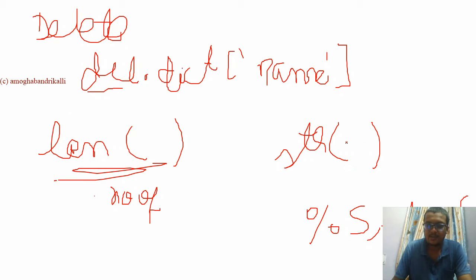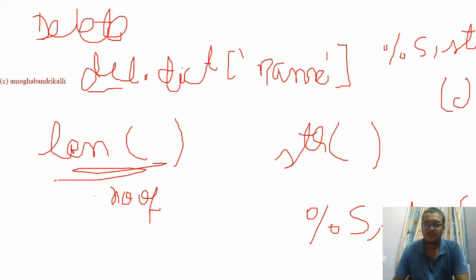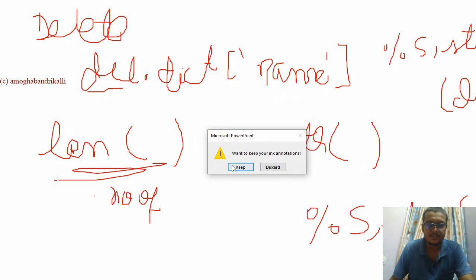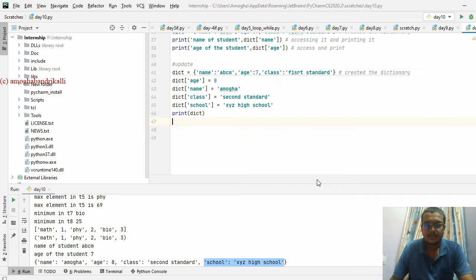So it will be in printable format. So percent s, and what you are printing is the string of the dictionary. These are the other functions that are available. So let us see them one by one.